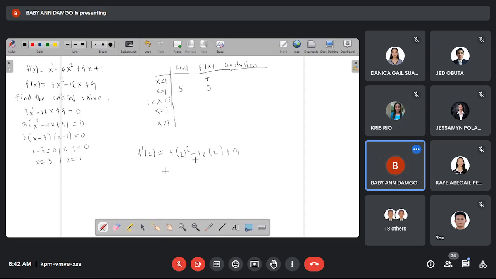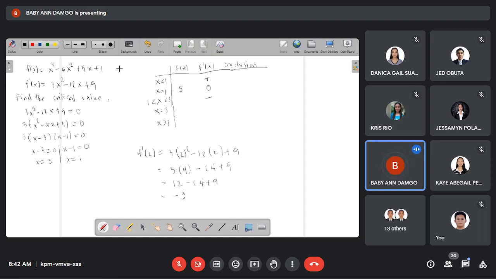Okay, so we have 3 times 4 minus 24 plus 9. So this is 12 minus 24 plus 9, which is negative 3. So we have a negative first derivative between 1 and 3.